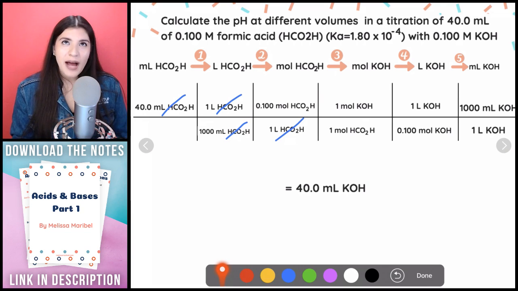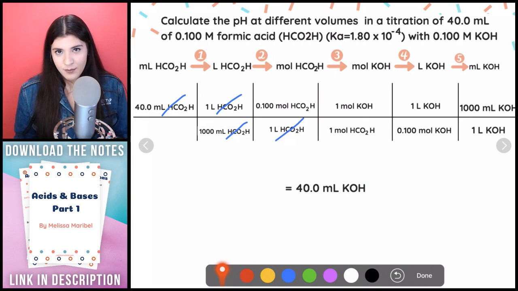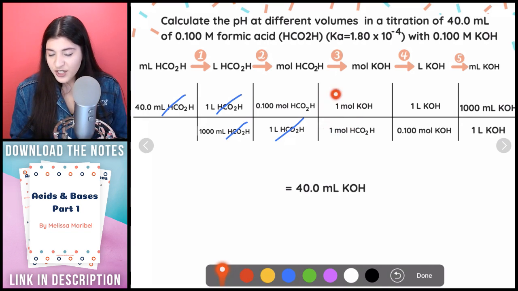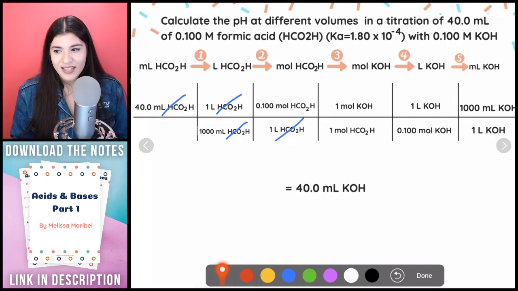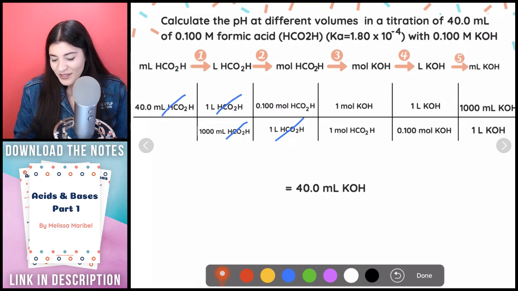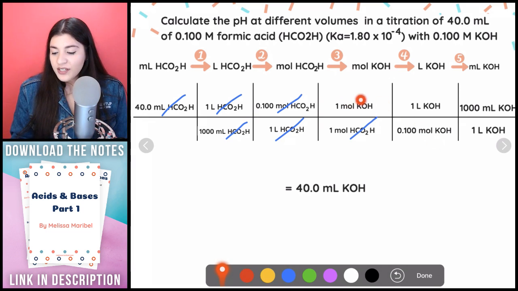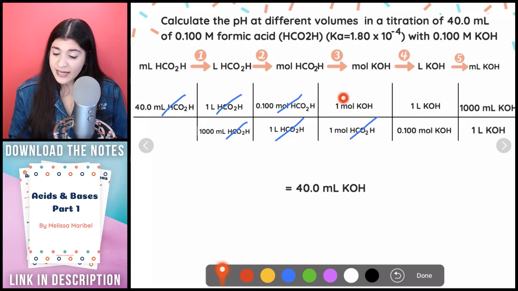Now when we look back at our balanced equation, everything was balanced, so I can just see that it's a 1-to-1 relationship. That's where I got that mole ratio; this is going back to stoichiometry. So this cancels and this cancels because they're the same unit, and we'll keep going. Now I'm using the concentration of KOH that was provided, placing the moles on the bottom so they can cancel, per every 1 liter.